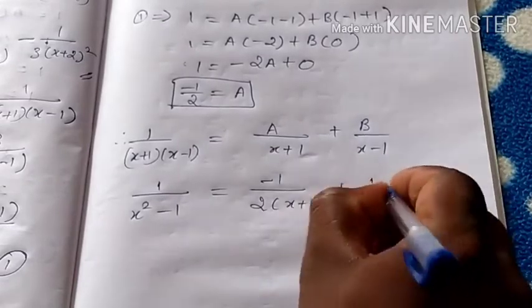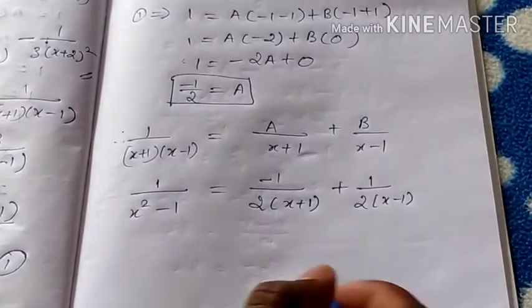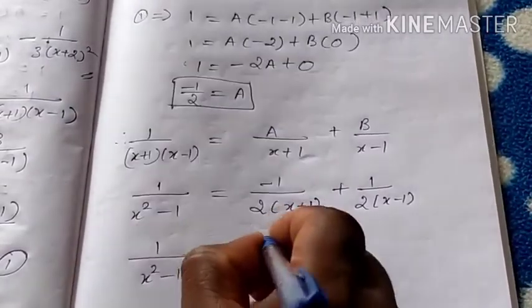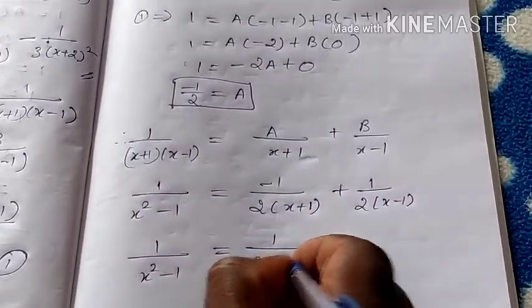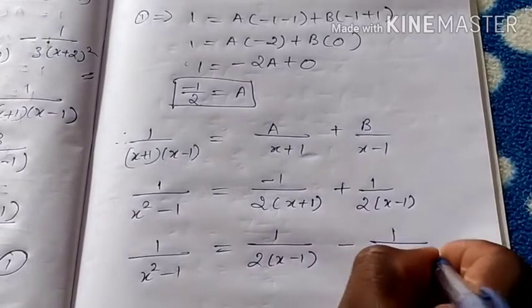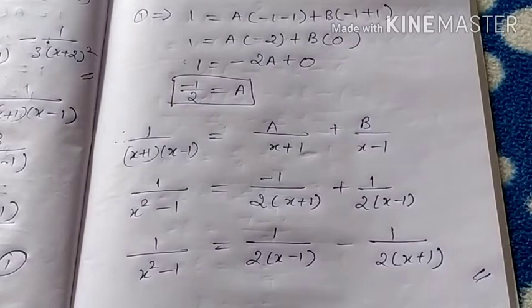So 1 divided by 2 into x minus 1. Okay, that's all. Or 1 divided by x squared minus 1 is equal to, write the positive value first, 1 divided by 2 into x minus 1 minus 1 divided by 2 into x plus 1. Okay, that's all, the required partial fraction.